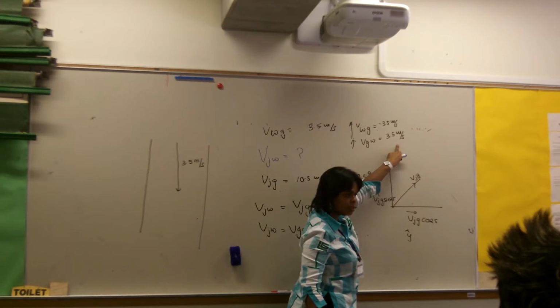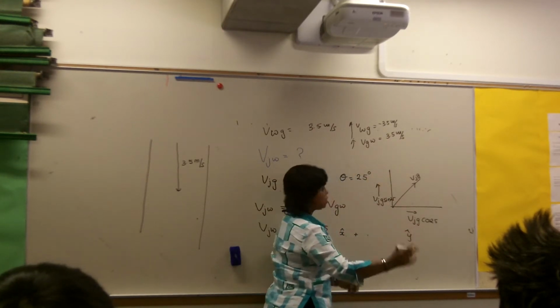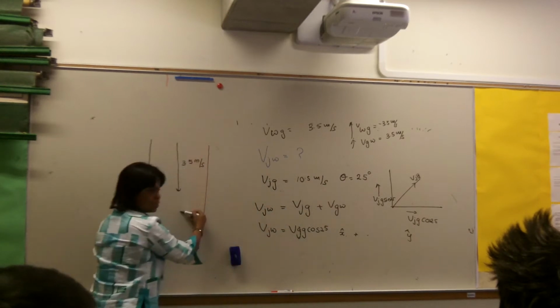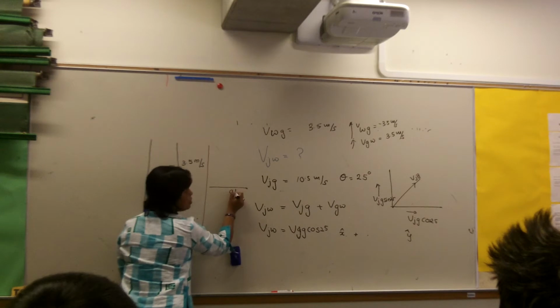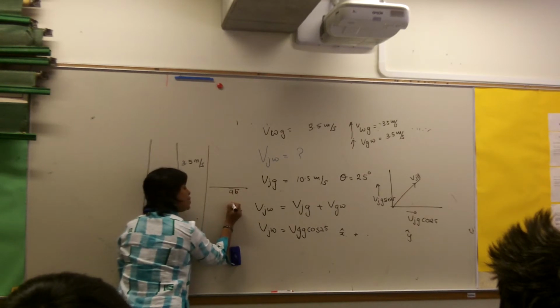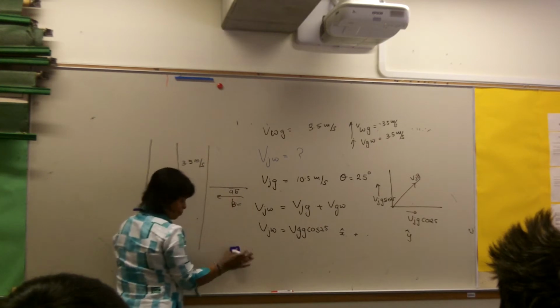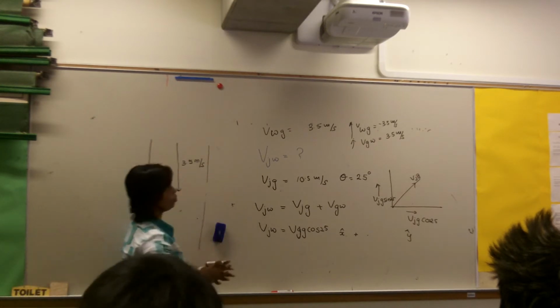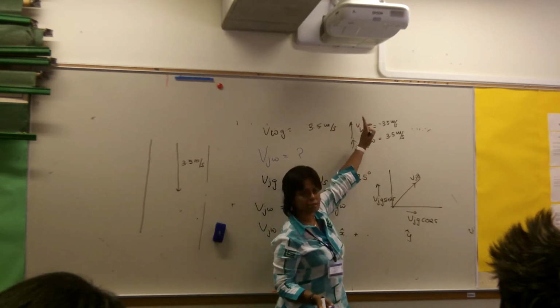What makes it different, WG and GW? Because your direction is different. GW is going in this direction. See, AB is this direction, therefore BA is the opposite direction. That's what we learned at the very beginning, a few days ago. So we are saying our GW is toward the other direction.